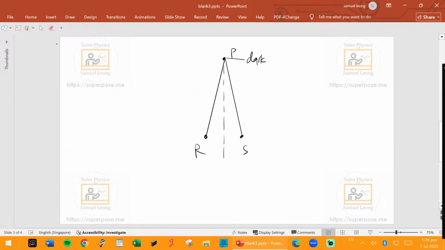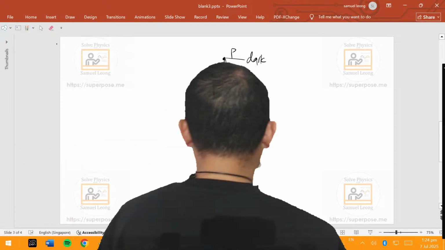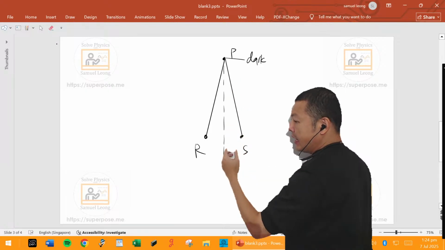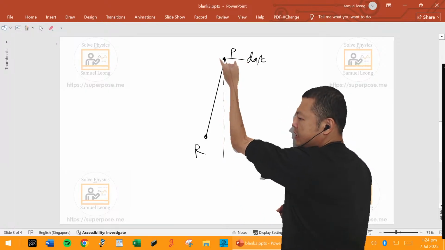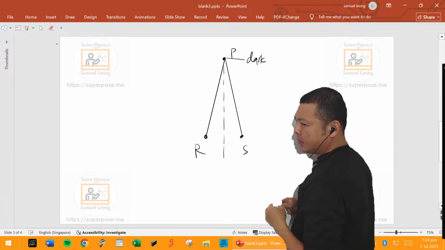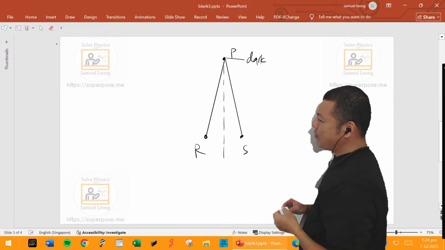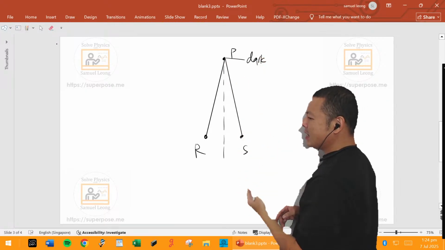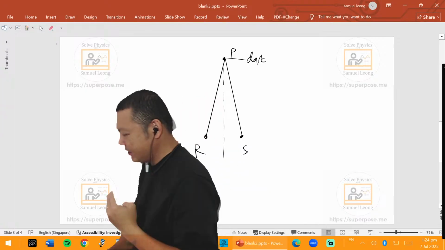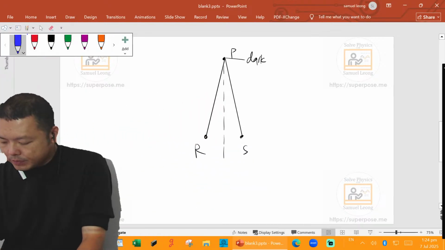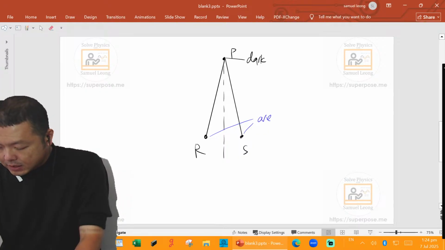How is it possible that I have two sources interfering, and right in the middle is a dark fringe? Because by right, what is it supposed to be? It's supposed to be central maxima, right? But then it turns out to be a dark fringe. So why is that possible? That is possible when R and S are out of phase.